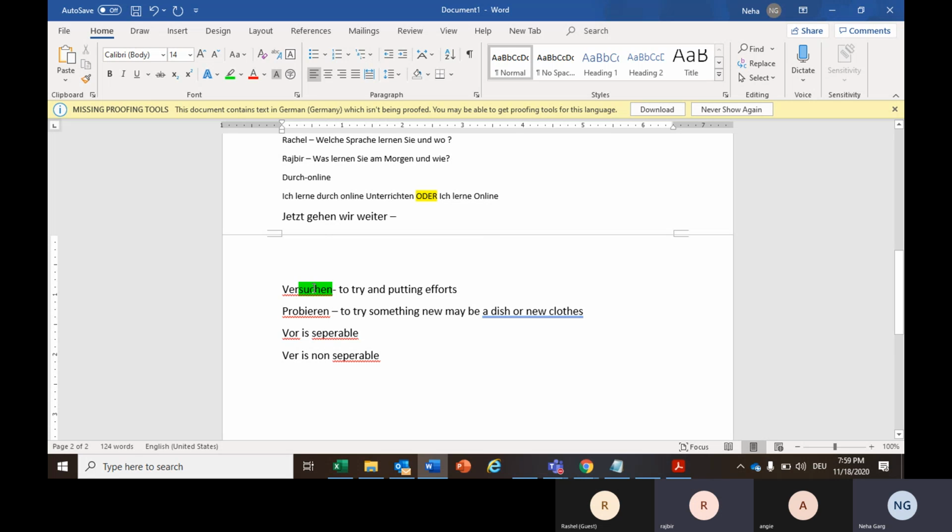Ich suche. Like I'm trying to find something, but I'm not able to find it. Ich suche, I'm searching for it. Aber versuchen, I'm trying something. Ich versuche. So this is a non-separable prefix and how it changes the meaning of the word. And then probieren. Klar?